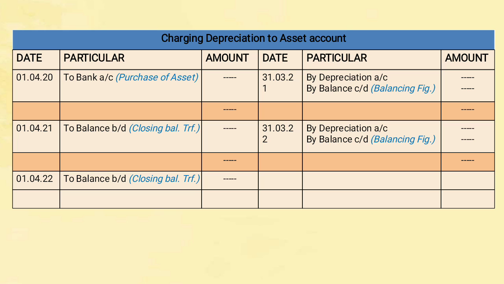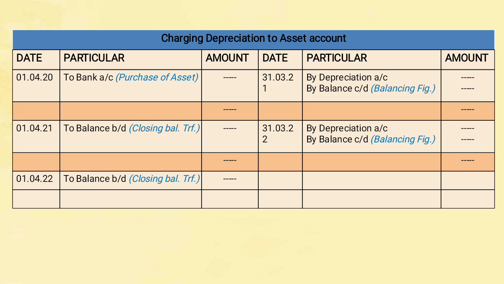First, when you purchase an asset, we have to pass an entry, that is assets account debit to bank account. So on the debit side of the machinery or that assets account, we have to write to bank account.